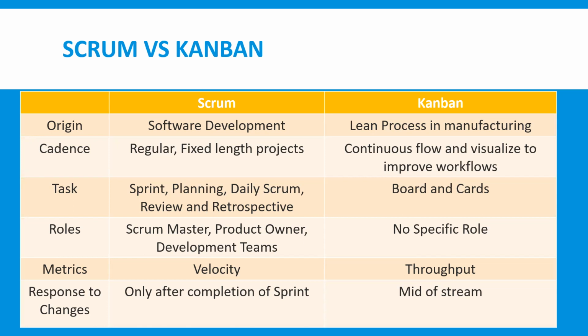There is no specific role. Every individual will play whatever role they want. If they want to play a Scrum Master kind of role today, or a leader role, or they want to run today's Scrum call, they can do it. No specific roles in Kanban.